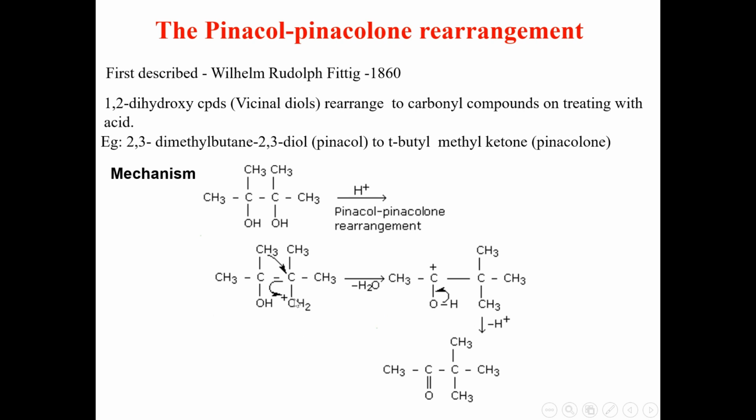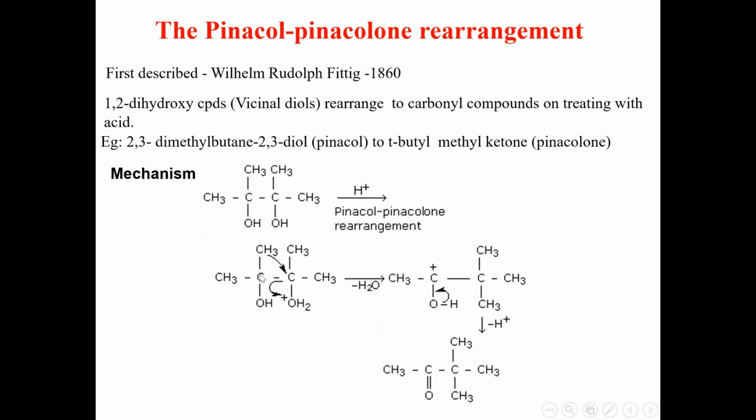It has to maintain its divalency. That's why, to satisfy this positive center, the carbon and oxygen bond breaks, and these electrons are taken away by this oxygen, giving rise to a carbon with a positive center, that is carbocation. As carbocation is formed over here, it has to be stable.